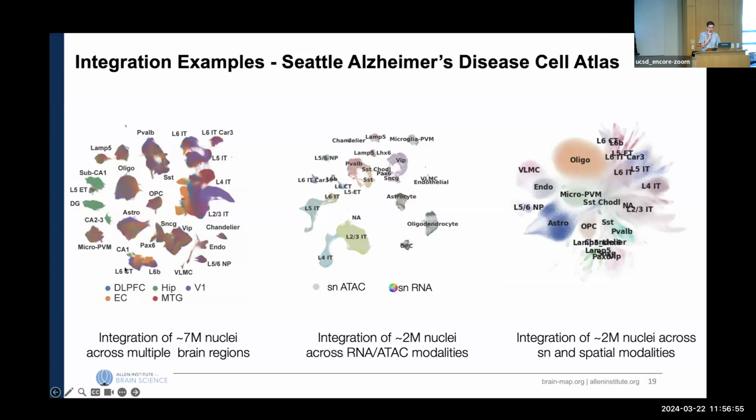Also, it was done to integrate 7 million cells across multiple brain regions. We can use this to compare, and this is a result that we present in the paper. This paper is available on bioRxiv. It's in review now.